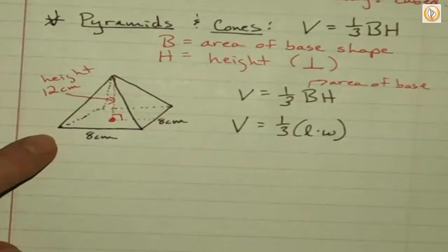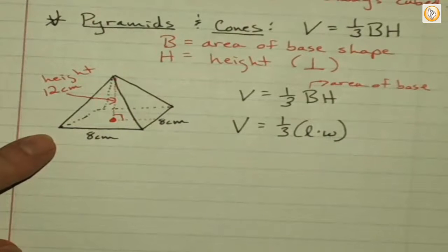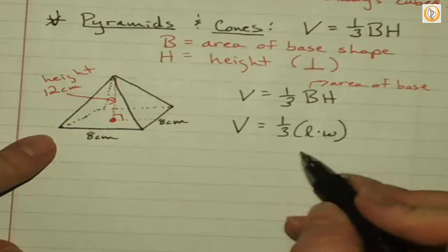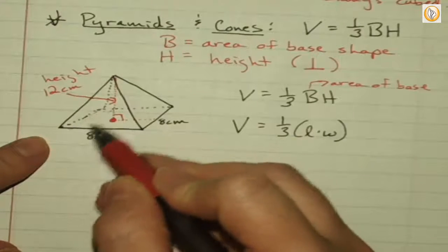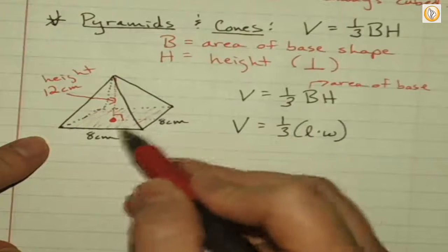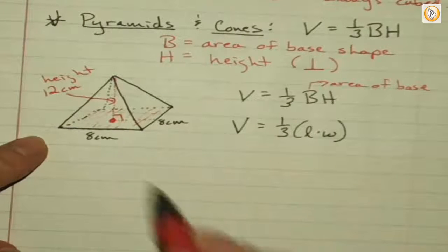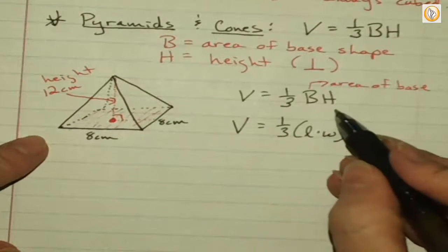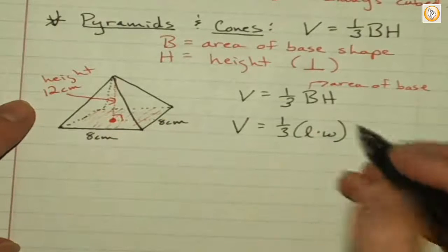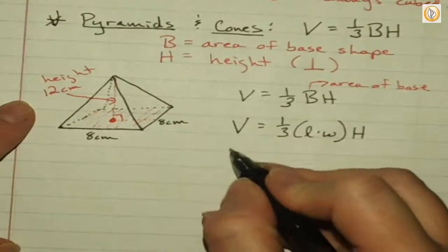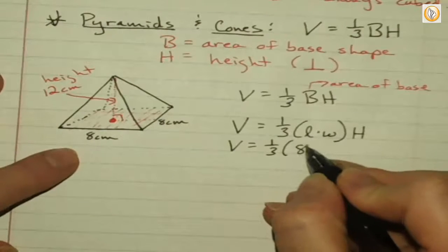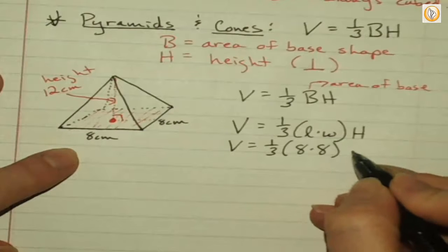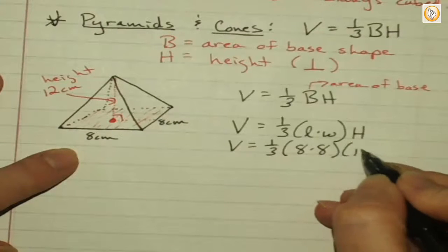Does everyone understand that? We've been doing this, like beating a dead horse, so to speak. So y'all should know that we are referring to the area of this right here, and that would be length times width. And then the height, and that would be your 12. So let's go ahead and fit it all in: 1/3 times 8 times 8 times 12.